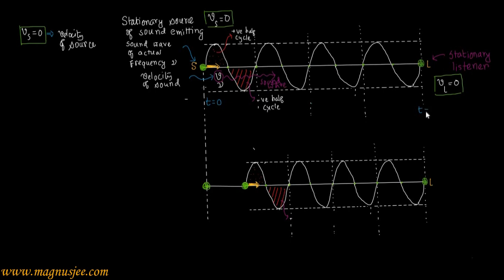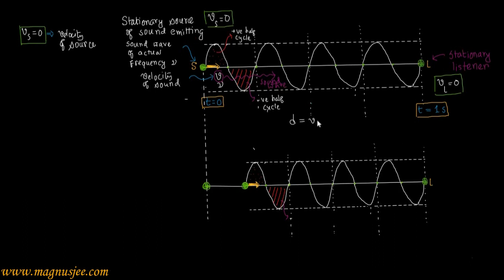Now t is equal to 0 and t equal to 1 second. We can denote the time at which the source emits the sound wave as t equals 0, and the instant at which the sound wave reaches the listener as 1 second.